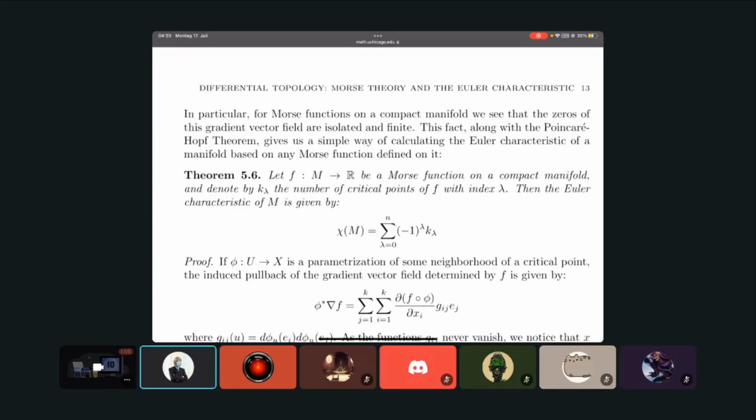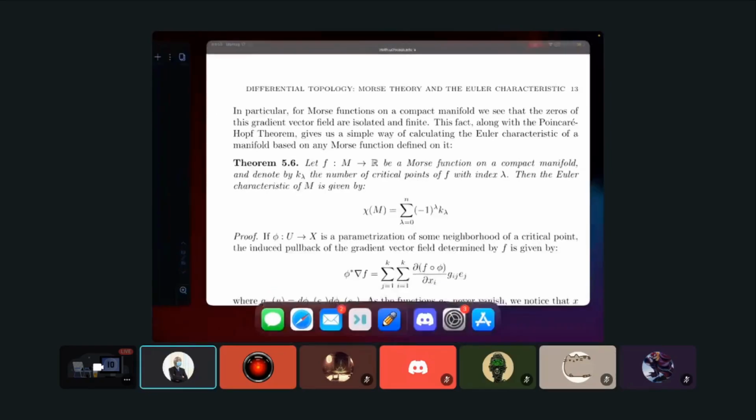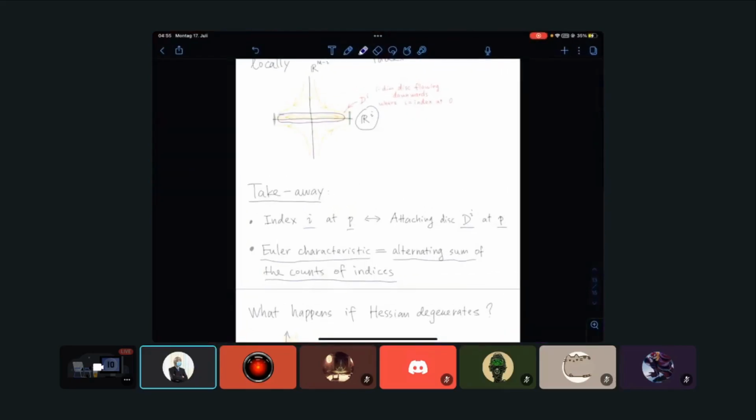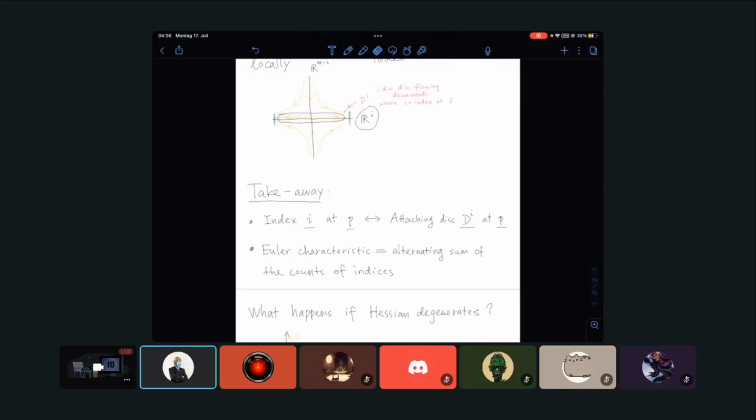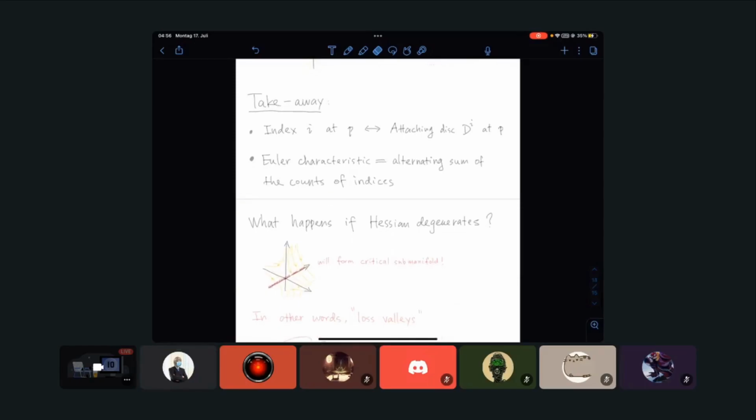Then you can get the Euler characteristic of M by doing all those analytic steps without going into hand-waving discussions. So this is a very concrete way of computing Euler characteristics, and the alternating sum is independent of the Morse function.